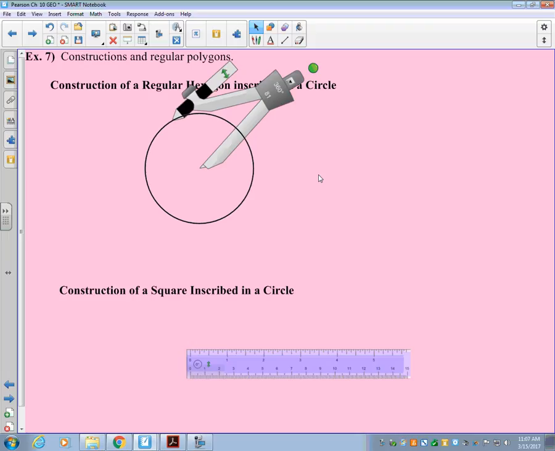Remember, we're not freehanding our circle or our line. Do not change the distance of your compass after you make a circle. Keep the distance the same.